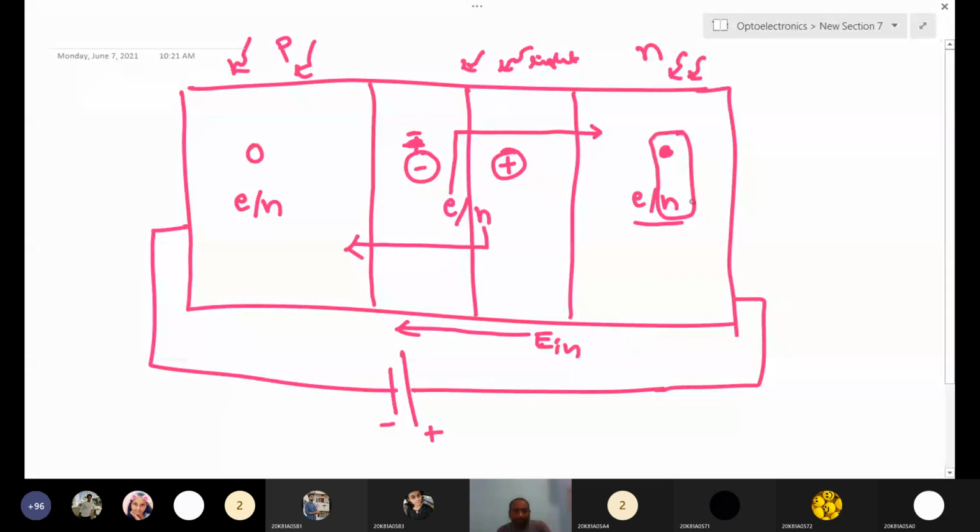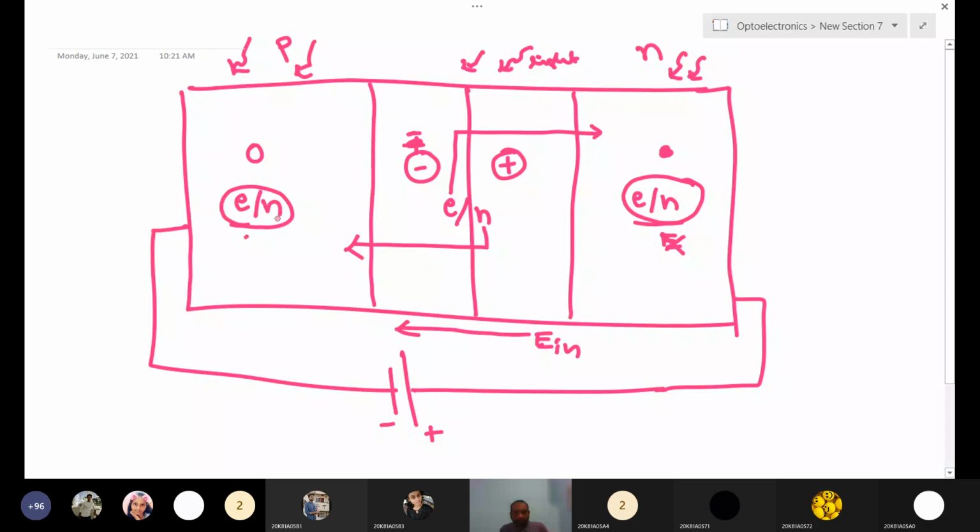There is no electric field in the bulk region. So here the generated electron-hole pairs immediately recombine, because there is no field to separate them. Similarly, in the P-type region, electron-hole pairs are generated by light, but there is no electric field here, so they immediately recombine.